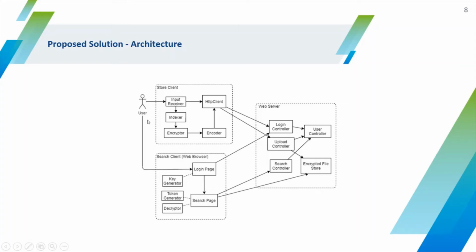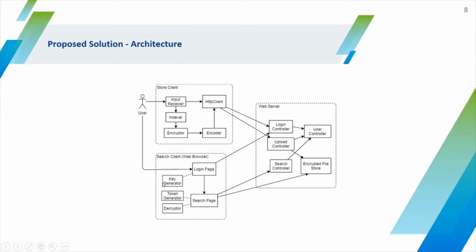Now when the user wants to search for their files, they open the search client in the web browser. They'll log in at the login page, which sends the credentials to the web server and authorizes the user.